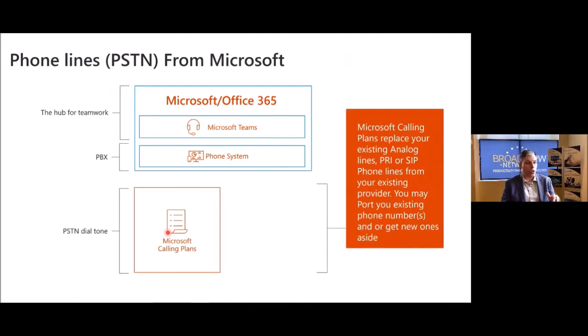When you choose to do that, you can either take the new phone numbers that Microsoft provides as a part of those calling plans and use those phone numbers, or you can port your phone numbers. You can actually transfer your phone numbers from whoever your current telephone line provider is to Microsoft, and then your existing phone numbers will work in Microsoft's cloud PBX solution.